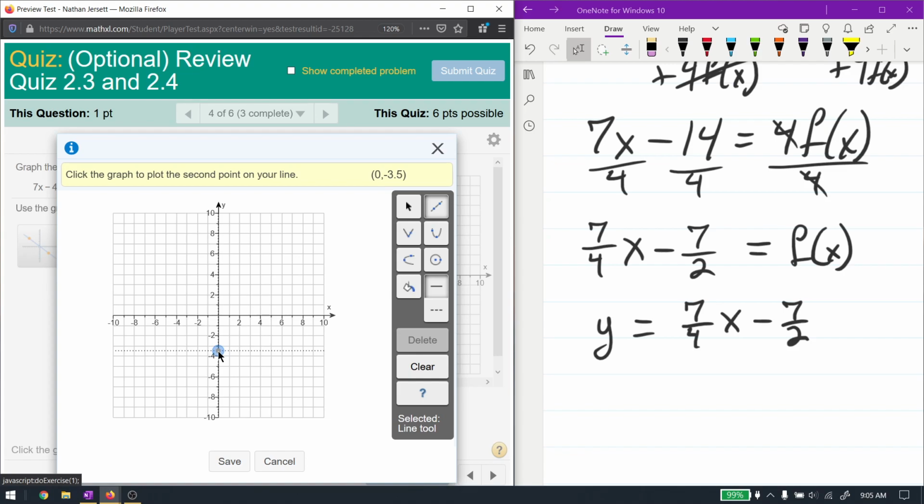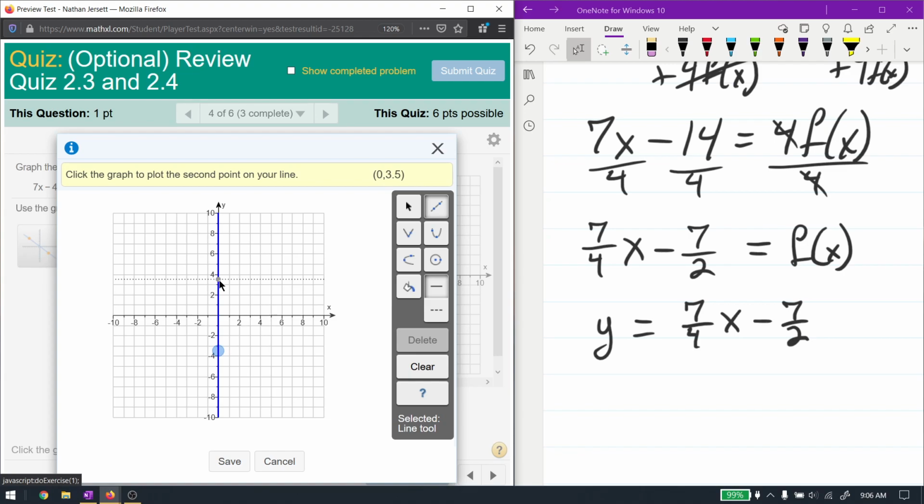And from this point, we're going to go up 7 units and right 4 units. That's what the 7/4 is. So up 7 units from negative 3.5 is going to be 1, 2, 3, 4, 5, 6, and 7 at positive 3.5.